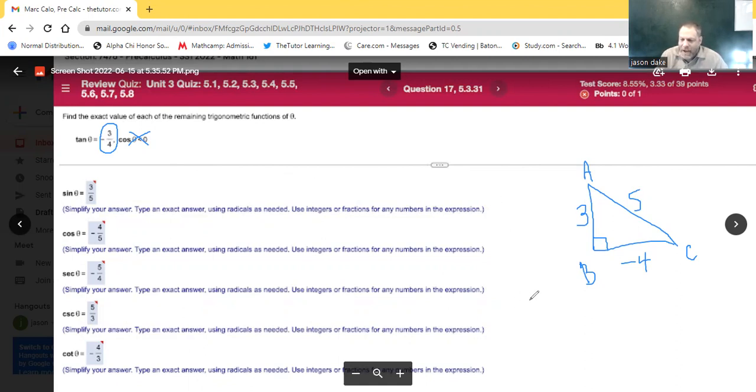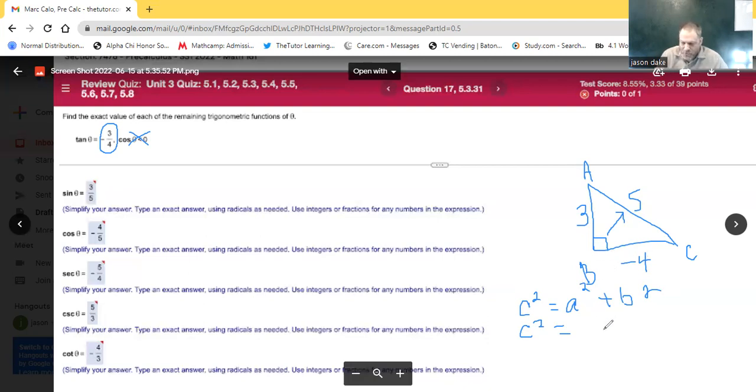So how we get it is the Pythagorean theorem. So c squared, that's the hypotenuse, so that's your c. C squared equals a squared plus b squared. Let's fill everything in.